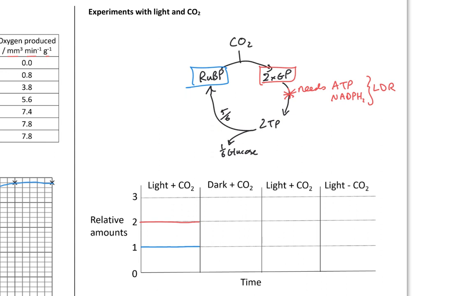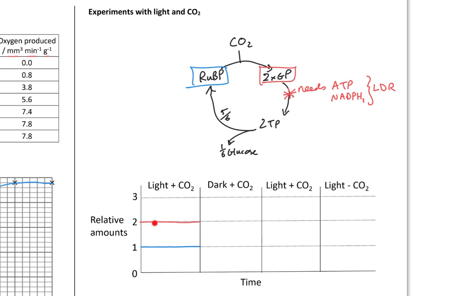So question 1, which they'll ask, is why is it not changing? And this is when we say it's part of a cycle, and therefore, as fast as it's being made, it is being used. So it's being made and used at the same rate. That's why these are horizontal lines. They are not changing, in a constant light, constant CO2 environment.